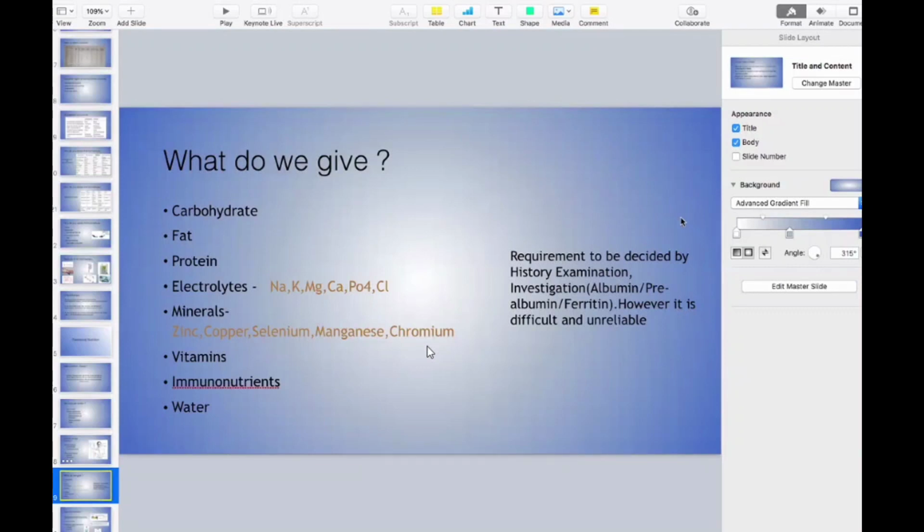The requirement depends on your history, your examination findings, and what investigations are available. For example, I see the CEO of this patient, and the main problem is dysphagia, they can't swallow, so they are not taking adequate nutrition.